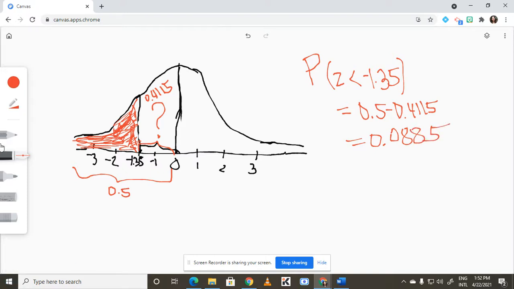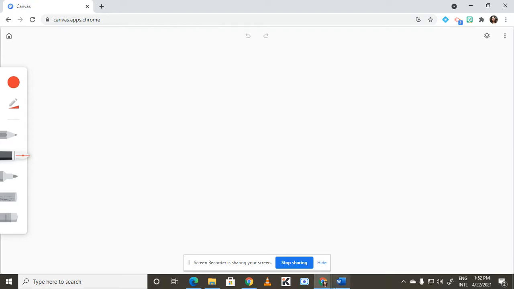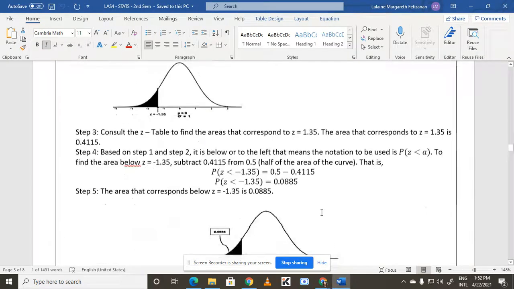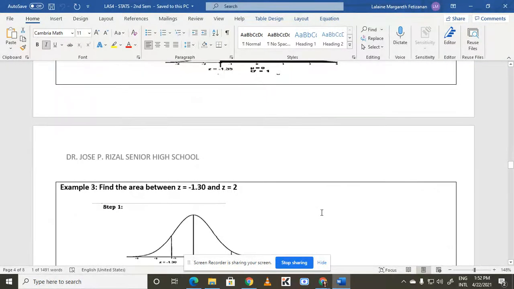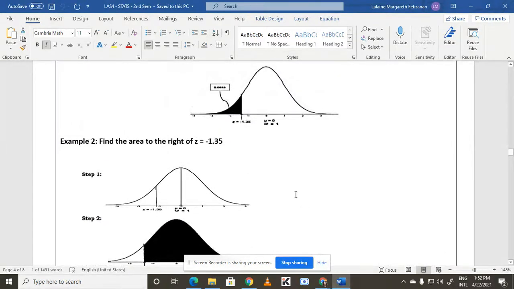Okay? On the second example naman, so let's have the second example. Di ba ang second example, anong sabi sa second example? Find the area to the right of z equals negative 1.35. So, area to the right of z equals negative 1.35.